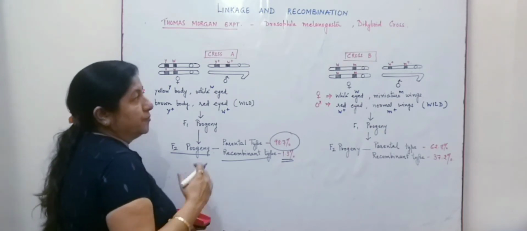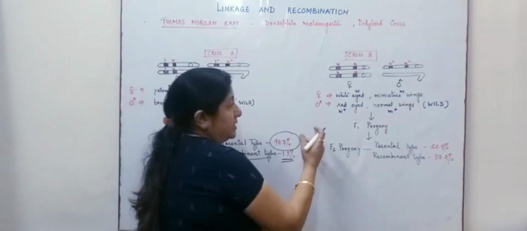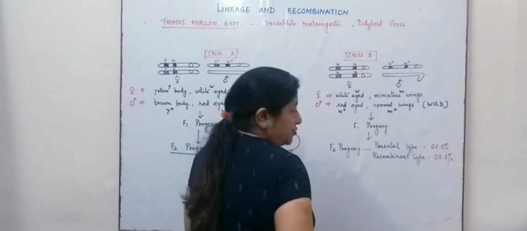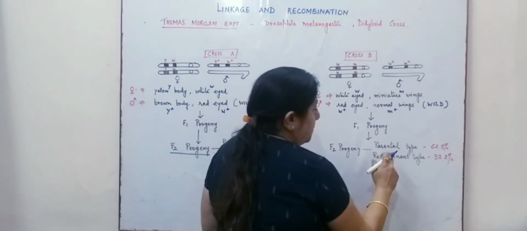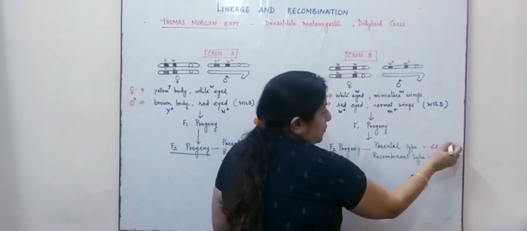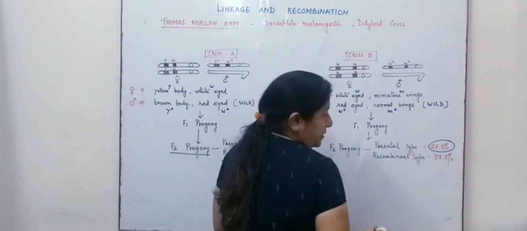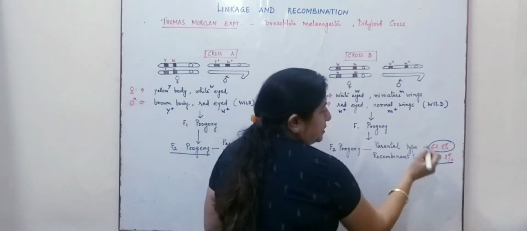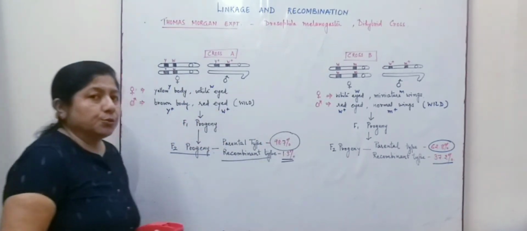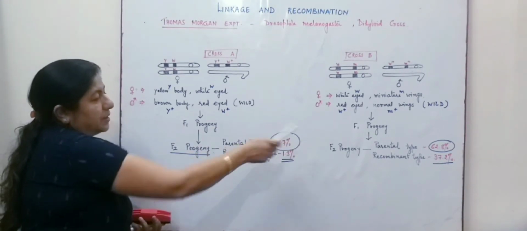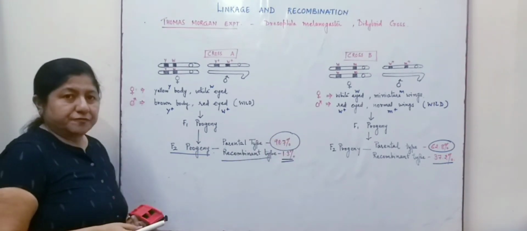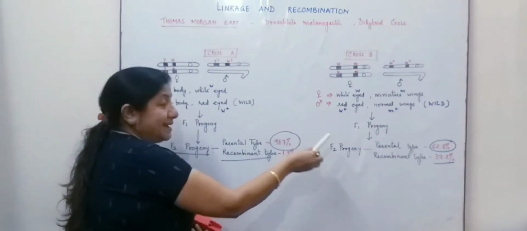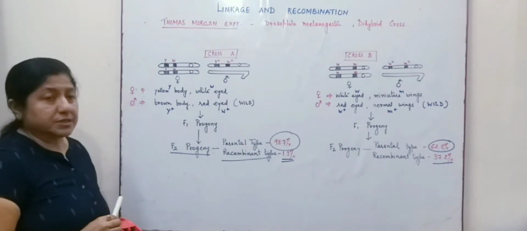When he performed the cross for another trait, he observed that the F2 progeny showed the parental type of 62.8% and the recombinant type with 37.2%. Now you can make out that the parental type of the F2 generation and the recombinant type percentages vary greatly in these two crosses.